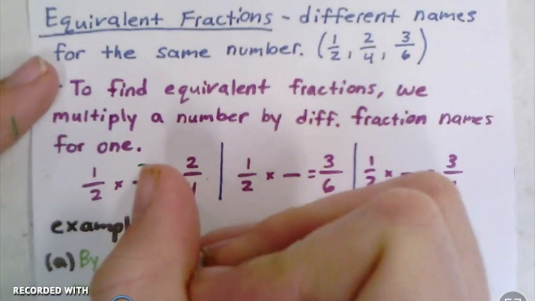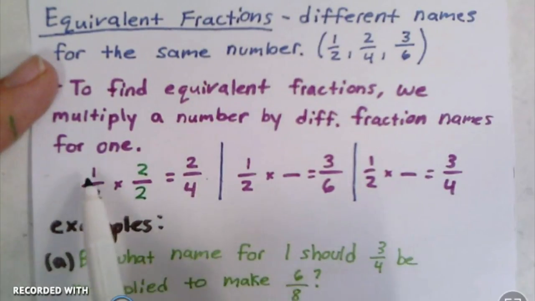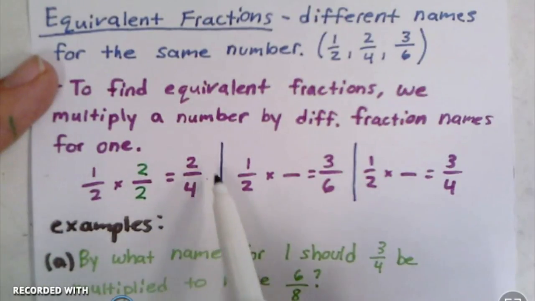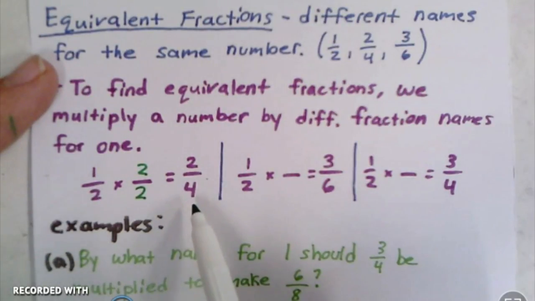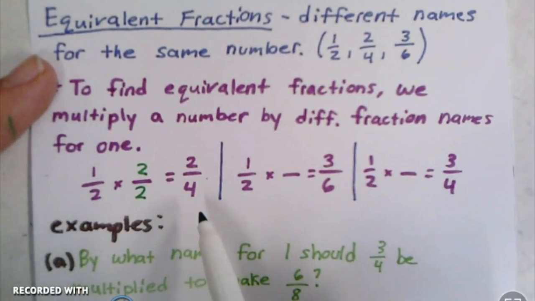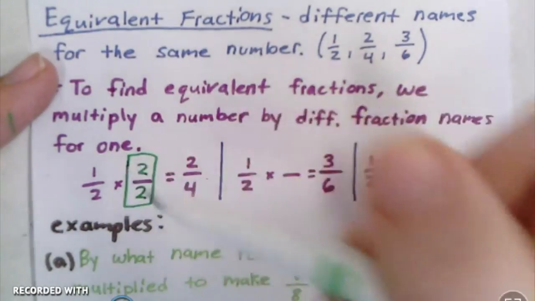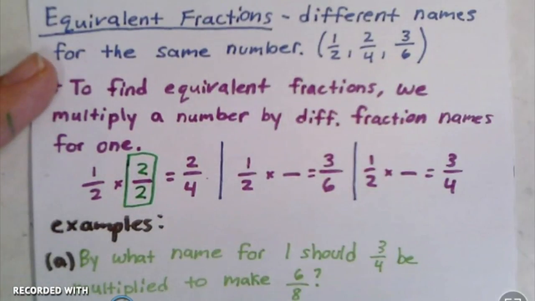And my numerator is going to have to be the same thing as well. So if I multiply 1/2 by 2/2, then I would multiply 2 times 2, which is 4, and 1 times 2, which is 2, and it will give me an equivalent fraction. So 1/2 and 2/4 are equivalent fractions, and I multiplied them by a fraction that is equivalent to 1, 2/2.